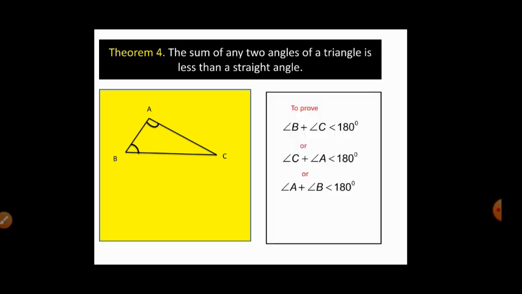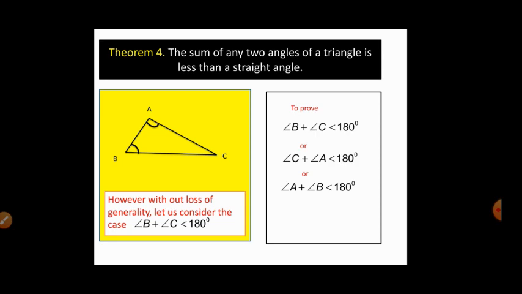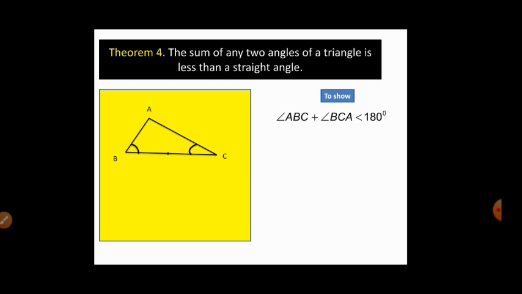However, without loss of generality, let us consider the case angle B plus angle C less than 180 degrees, because the proof of the other two cases will be similar. So we have to show angle ABC plus angle BCA less than 180 degrees.